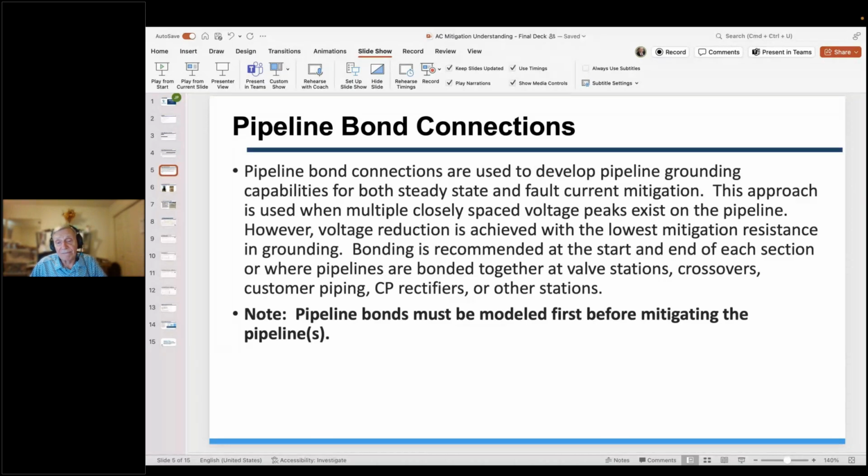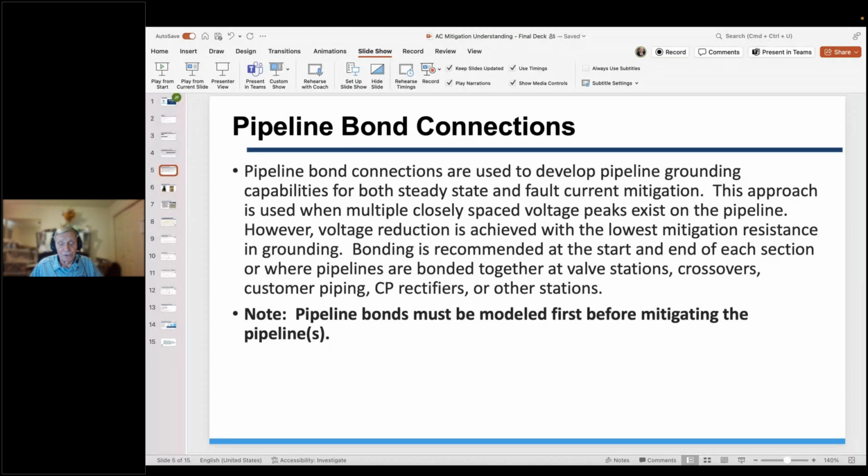Bonding is recommended at the start of each section, or where pipelines are bonded together at valve stations or at crossovers, customer piping, CP rectifiers, and of course other stations and where you have decouplers.